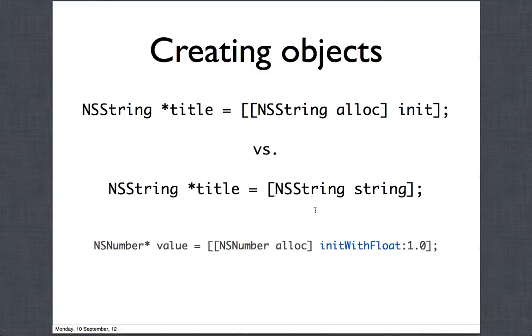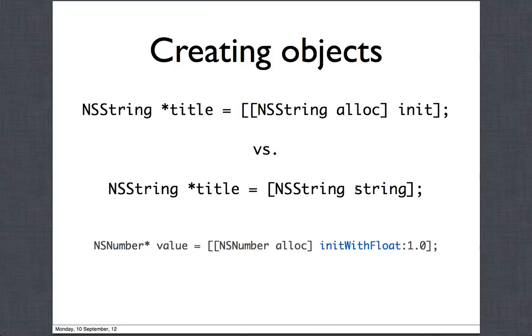So here we have a string method because it's a string, but the class itself is NSString, so it kind of makes sense. The string method will do the same. It will allocate the memory, then call the init method on the object it just allocated space for, and return this object ready to use.